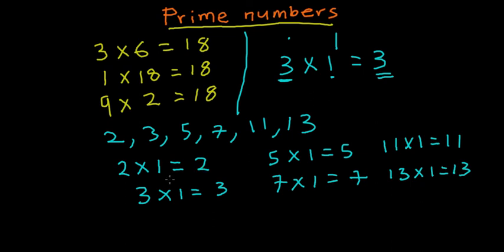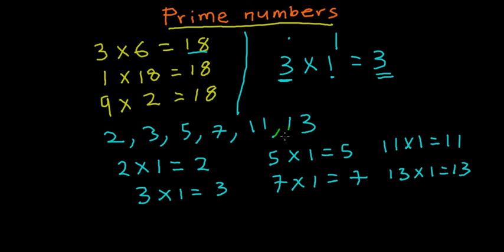So with these prime numbers, there is no other factor, unlike the number 18, where we have so many other factors that can give us a product of 18.